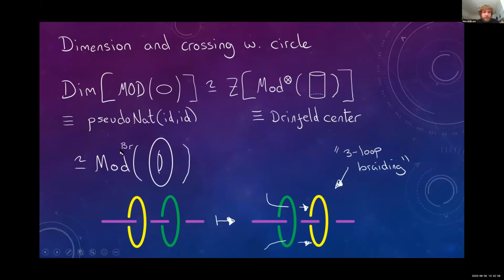And by here, I've put this BR above to say braiding, where as it comes from a Drinfeld center construction, this additionally has the description of the fusion and the braiding of these loops while coupled to this background loop. And the motion group of this is often referred to as the linear necklace group.